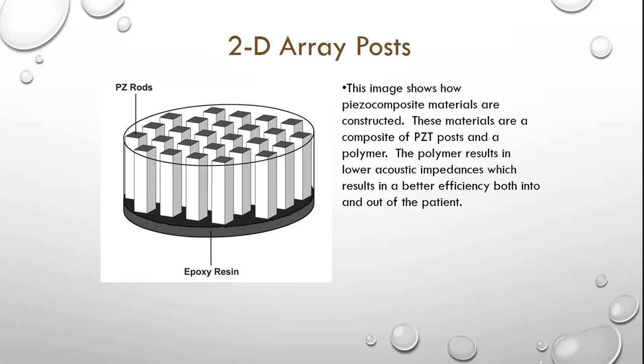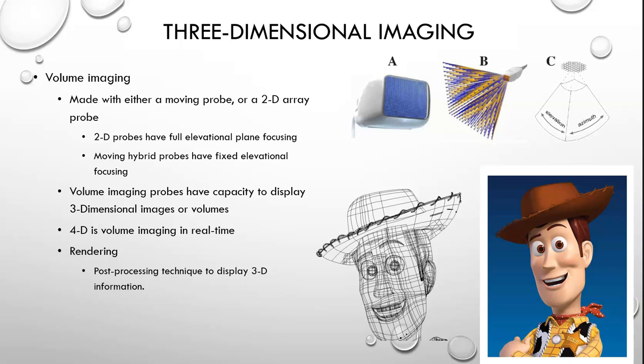Let's talk about how you can utilize these two-dimensional array probes in order to make three-dimensional imaging, because they can acquire information in both the lateral and elevational plane. Instead of just an image, it can acquire a volume of information because it can get all of that information, and that allows us to produce what we call three-dimensional or volume scans.